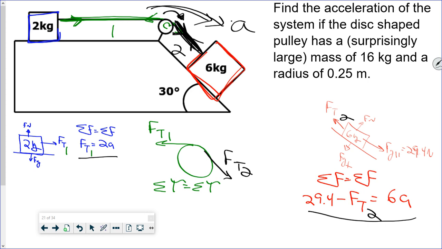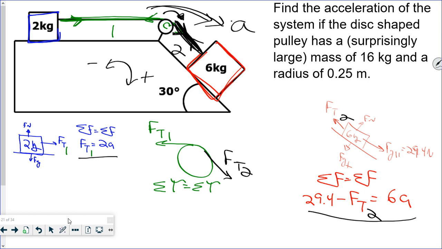Long story short, I'm going to make this direction positive and this direction negative. Just like in honors, the directions of the signs are somewhat arbitrary. Up until this point, I've always used clockwise as negative. I'm changing that here for this problem so that everything matches up. So the only negative I'm going to have here is the torque from tension number 1.